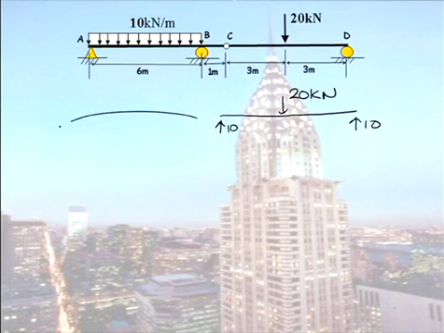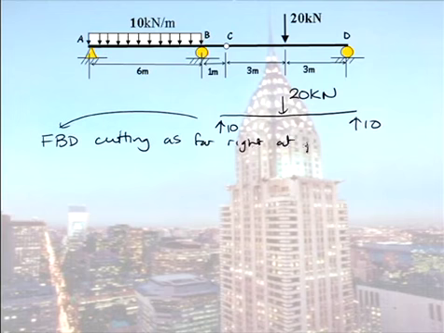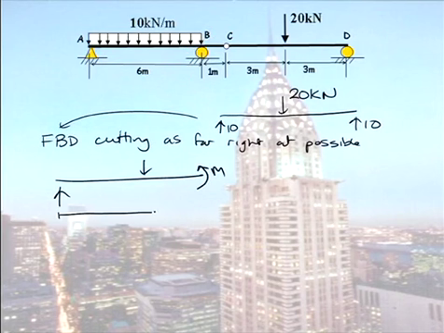Now when I draw my free body diagram, cutting as far right as possible, I get 10, 20, my moment at the cut. That distance is x metres. That was 3 metres, so that distance in here is x minus 3.